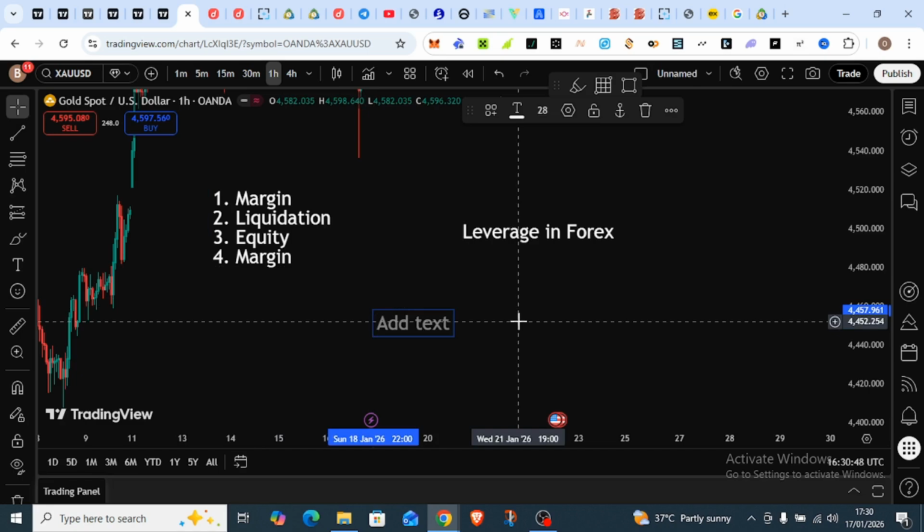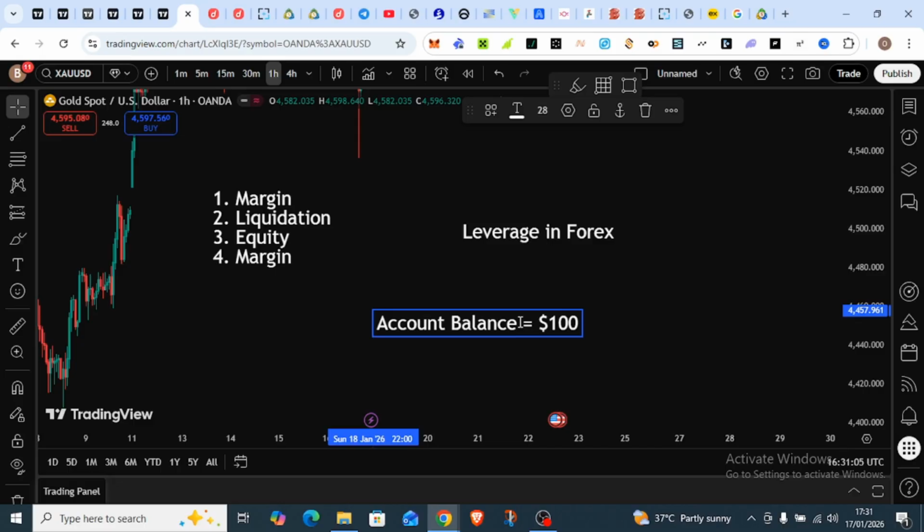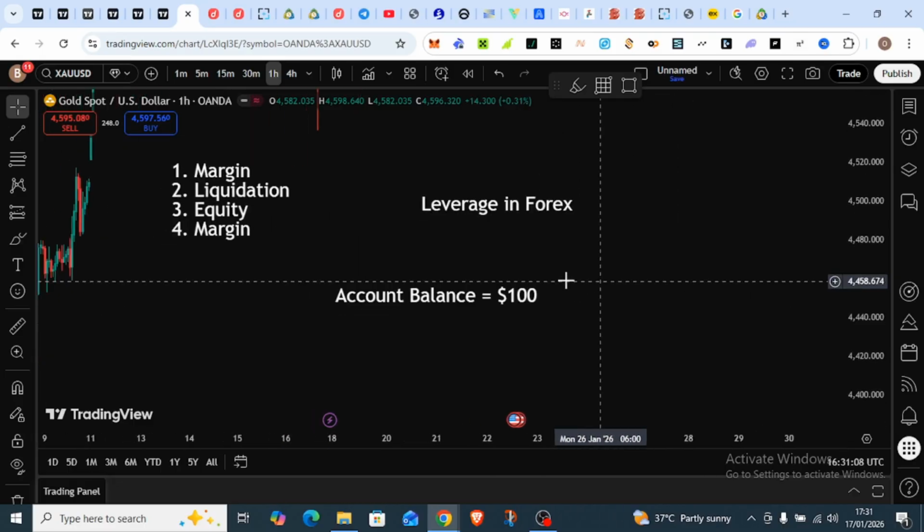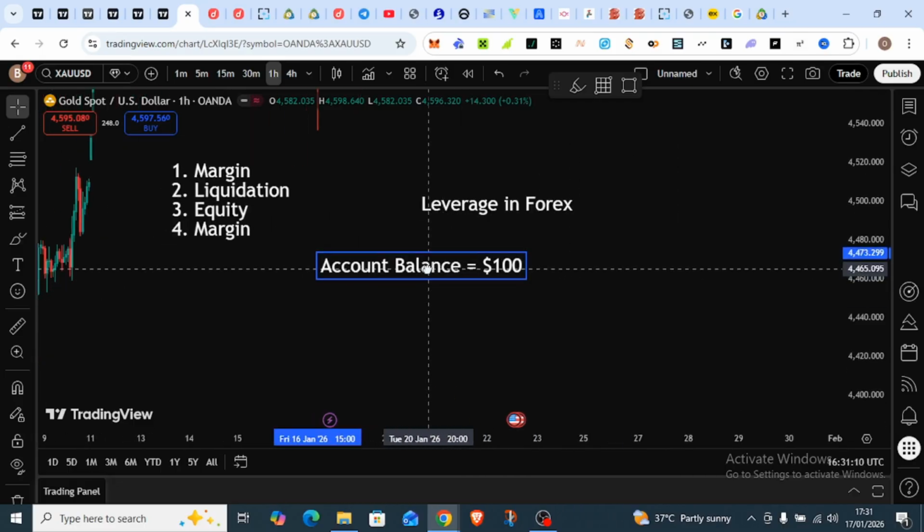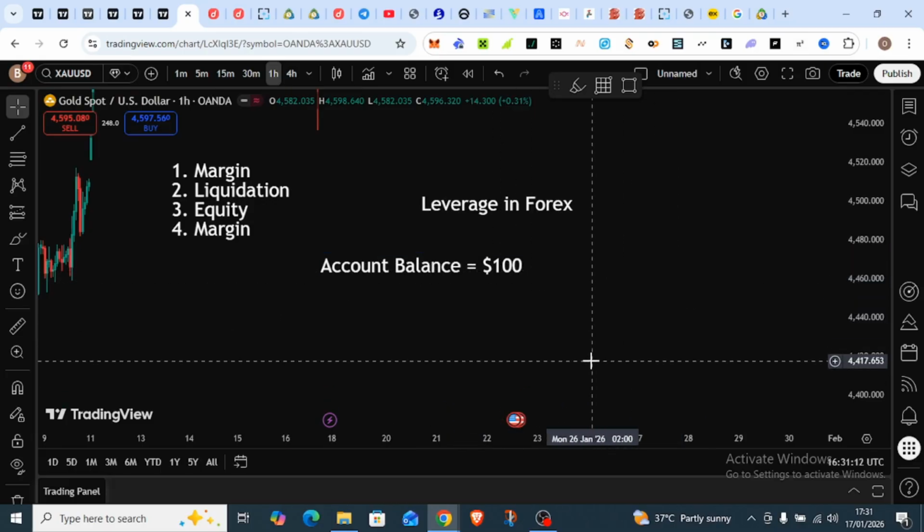Assuming we have a trading account of $100 account balance, let's write it, equals $100, and we want to use leverage in this account. Before we start, let me define leverage. What is leverage?